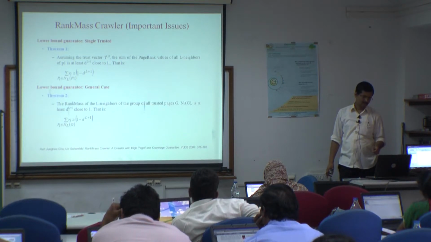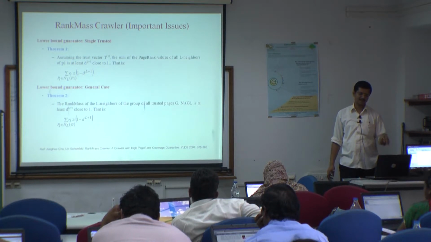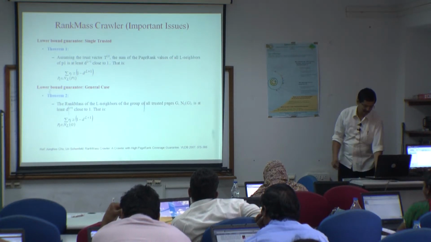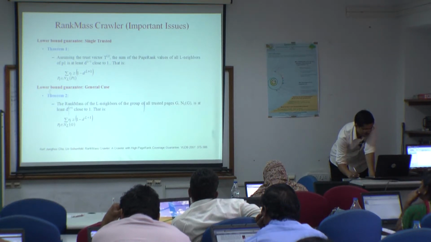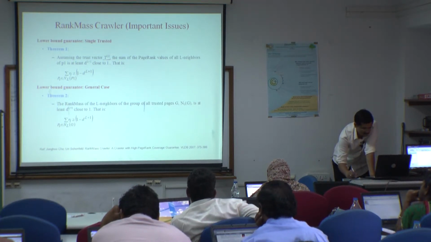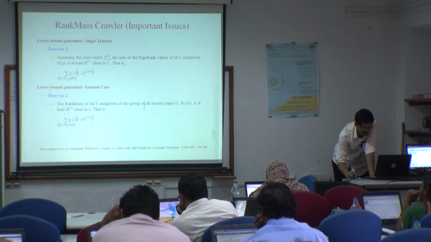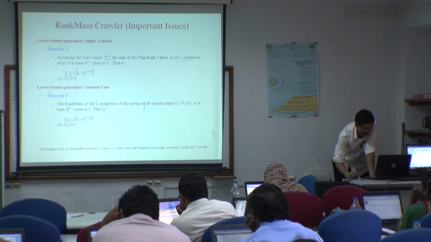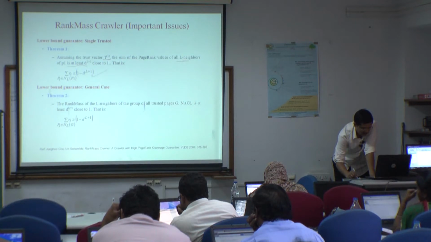Now some important issues for the rank mass crawler. How can we lower bound, meaning guarantee that you will get a correct or appropriate answer? Here we assume that a trust vector is a set of keywords or root words, and the sum of page rank values of all L neighbors of P1 is at least d to the power L plus 1, or close to 1, then we will proceed.